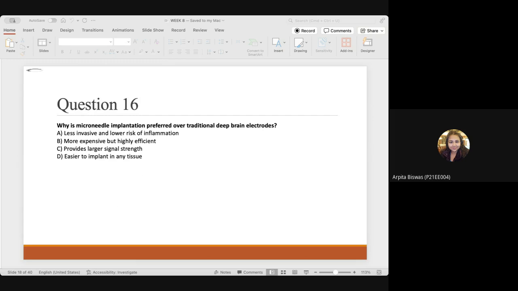So the right option is less invasive and lower risk of inflammation. The option number A.